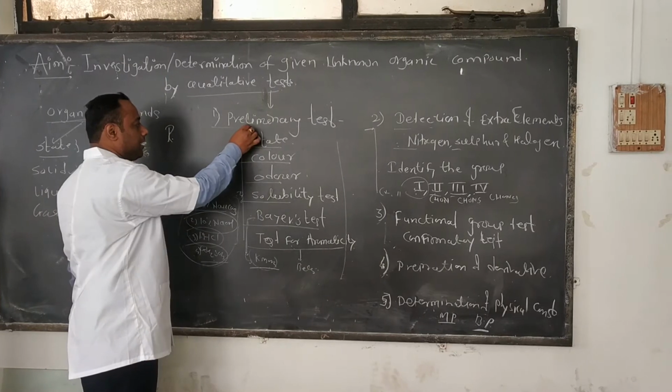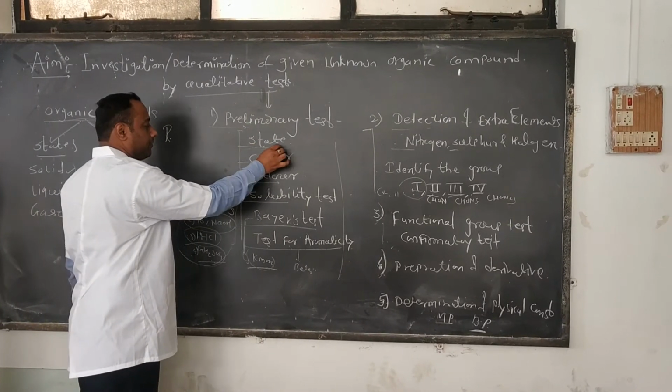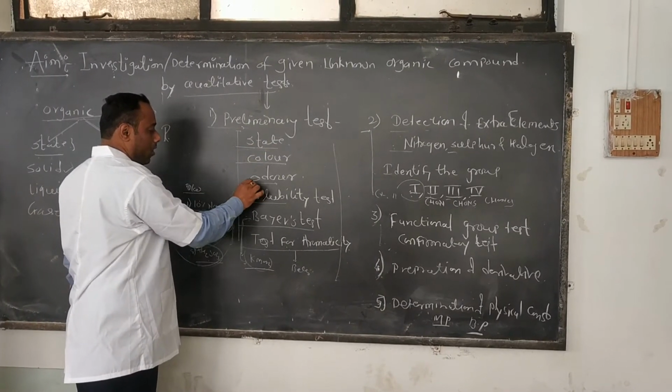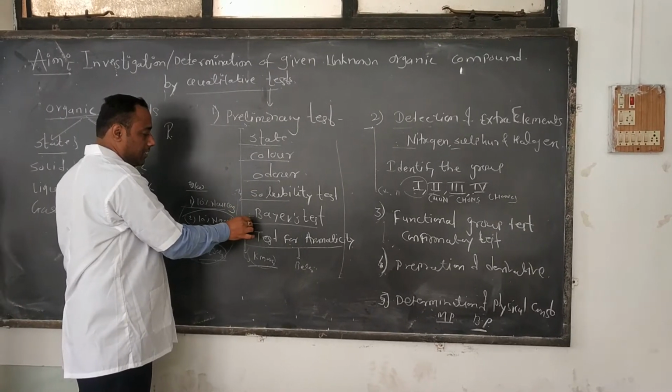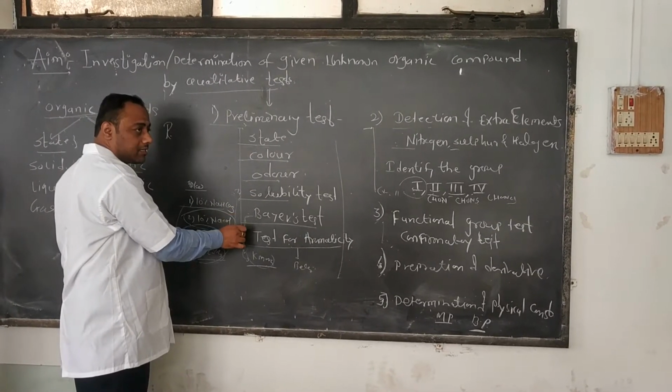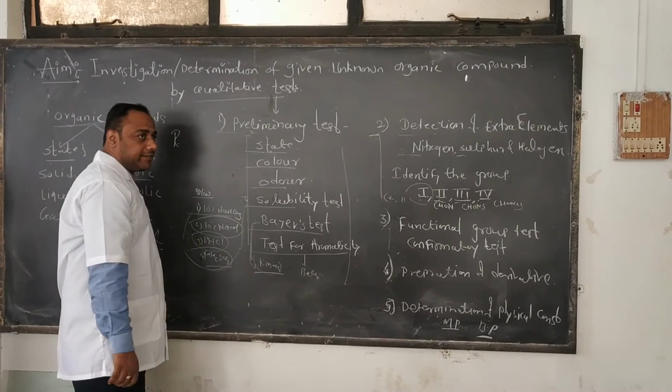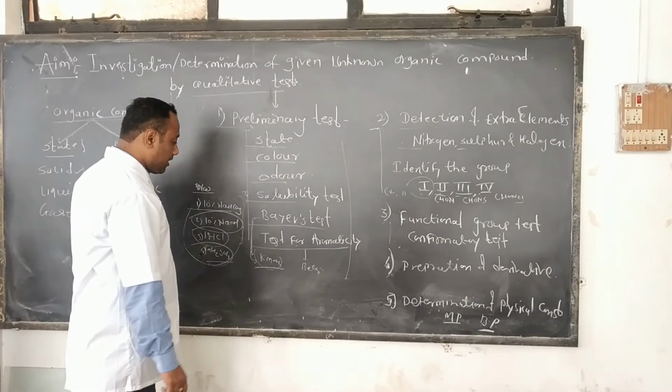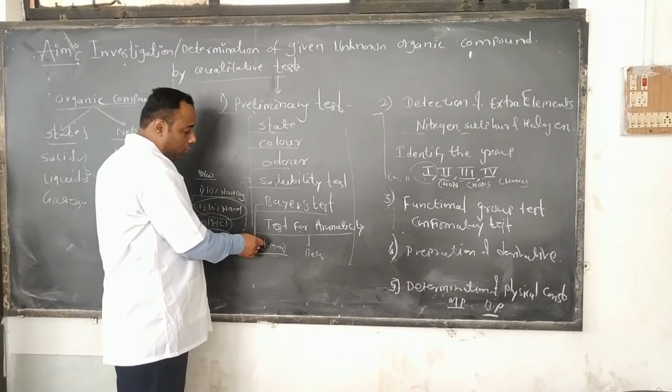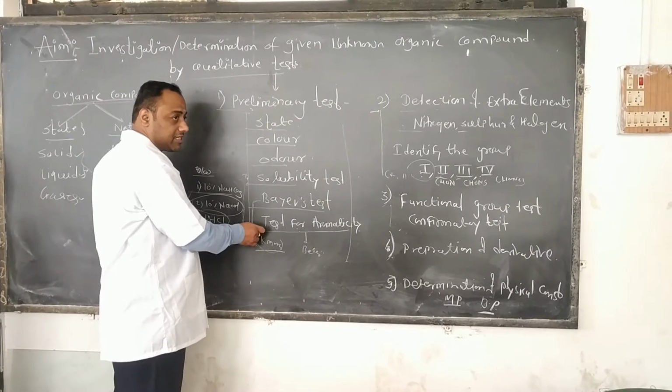Under this preliminary test, first one is state, color, odor, solubility test, Baeyer's test, which is also called detection of saturation and unsaturation in the organic compound, and test for aromaticity, which is also called the Beilstein test.